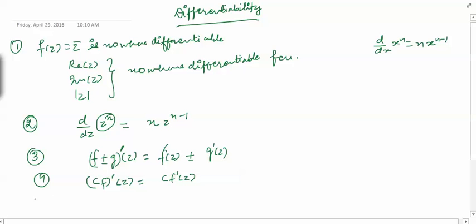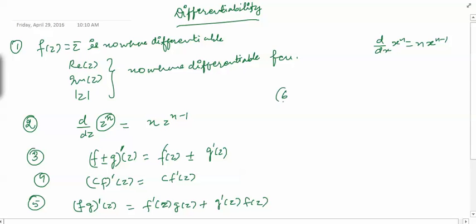And then there is a product rule similar to what we have in real analysis. If you have two differentiable functions f and g at a point z, then their product is differentiable at that point, and the derivative is given by f dash z into g of z plus g dash z into f of z, right? Then we have the quotient rule.